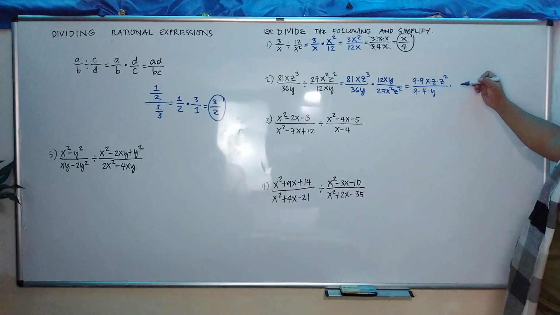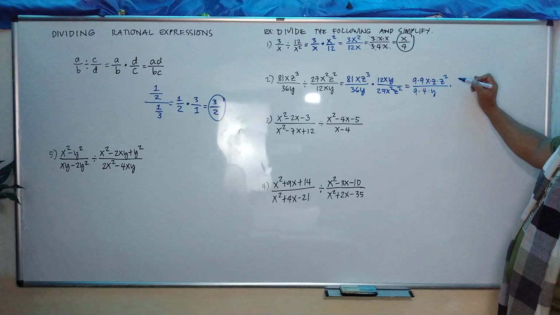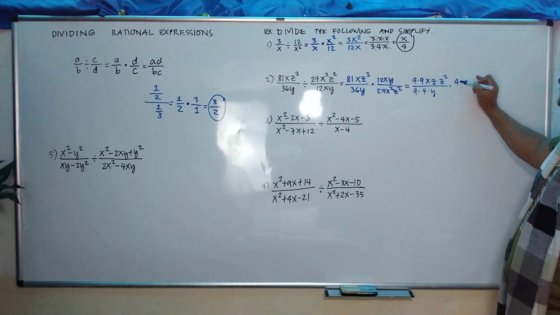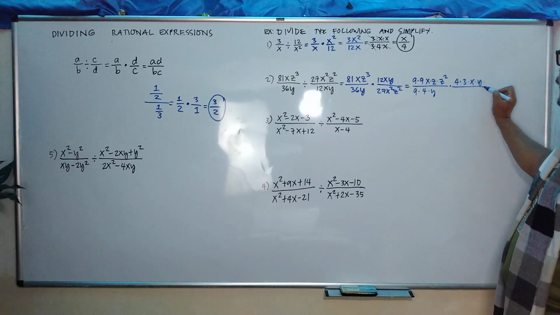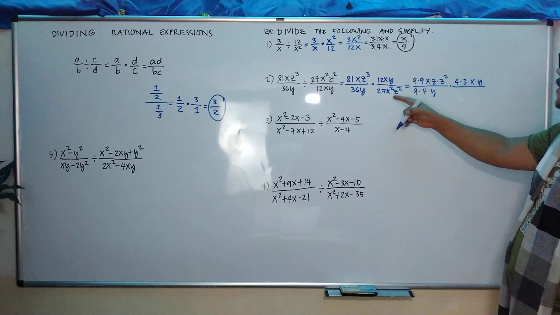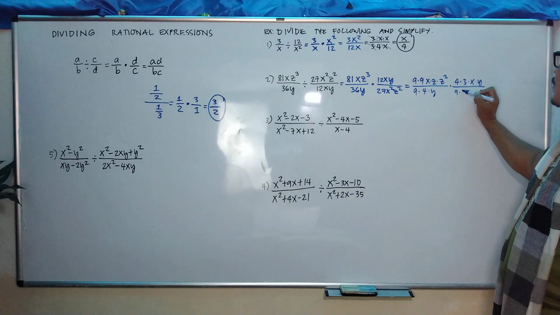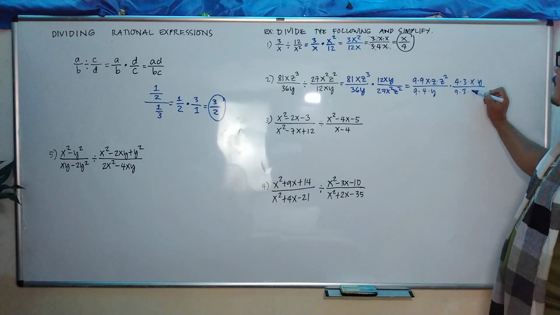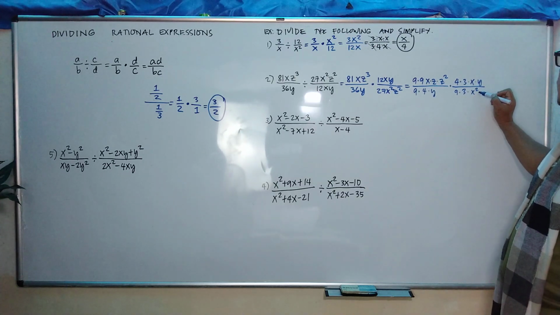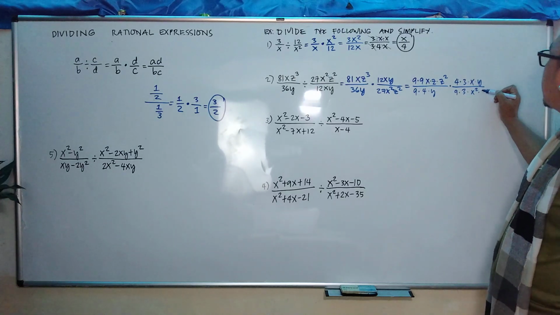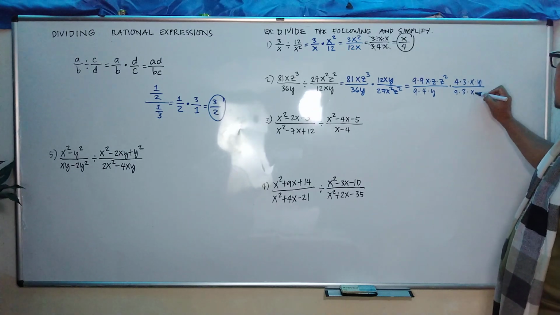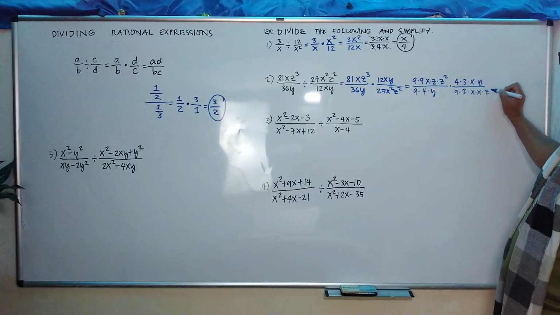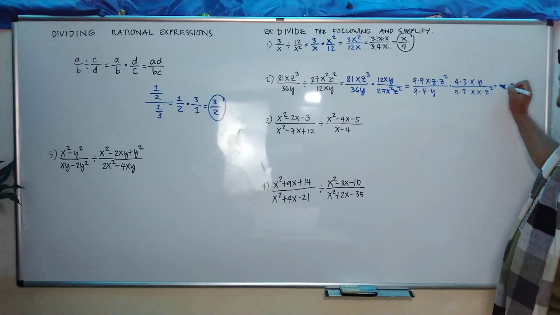For 12 you can have 4 times 3 times x times y, over, for 27, 9 times 3 times x squared times x times z squared. Am I correct? Okay.